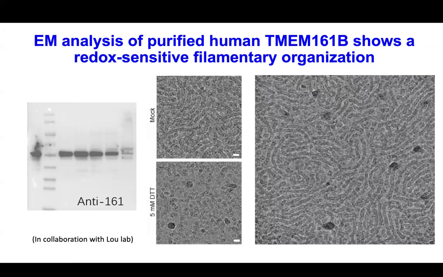We don't know what that means, but we can only speculate at this moment that this is likely a way for the protein to change the affinity for heme, because earlier I showed you the spectral analysis that the oligomerized form has a higher affinity for heme.